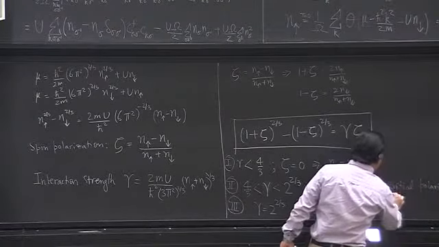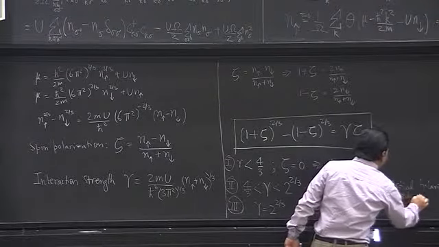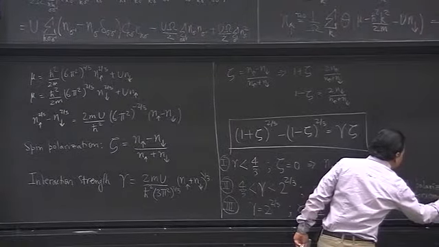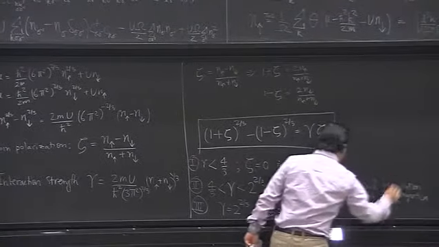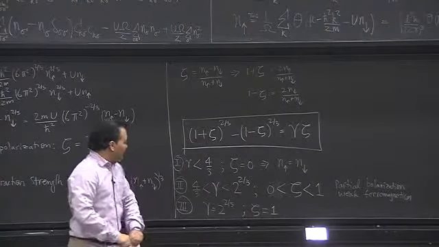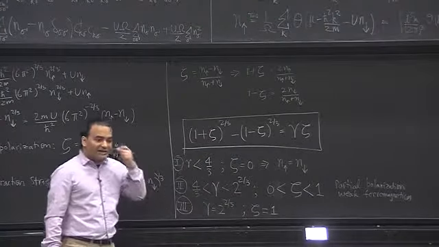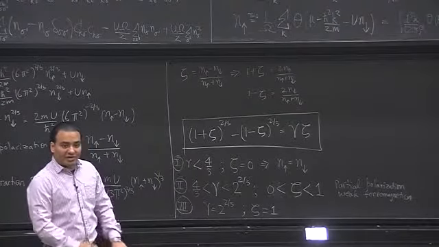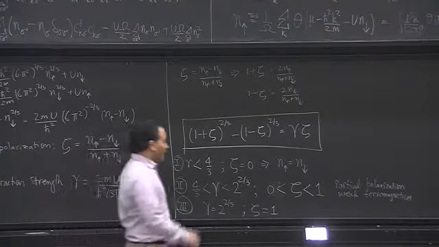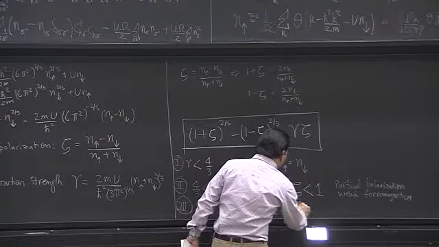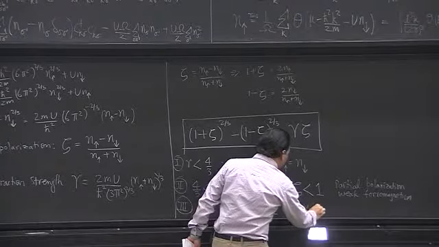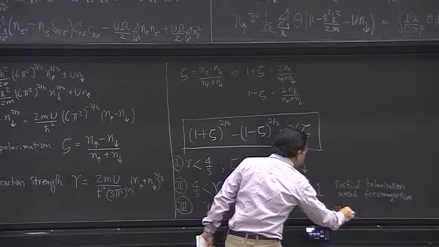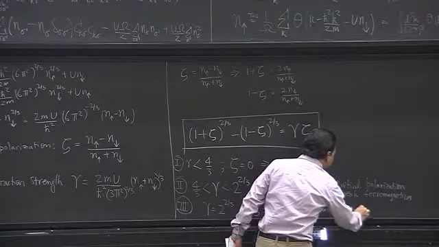You can also call it weak ferromagnetism. And then the third solution, when gamma is equal to 2 to the power 2 by 3, you find that the spin polarization must be equal to 1. Now this is full polarization, also called strong ferromagnet.